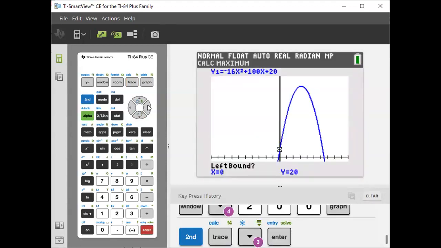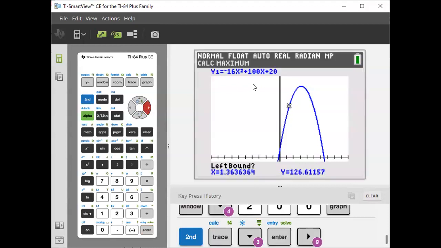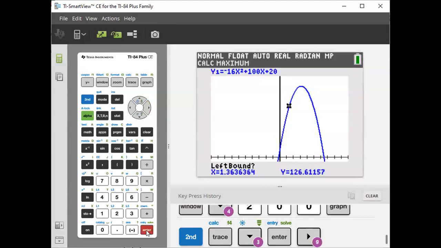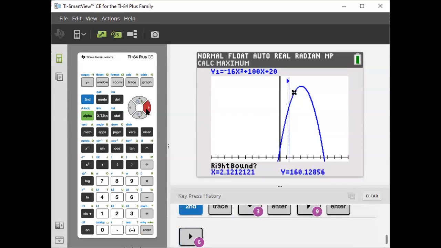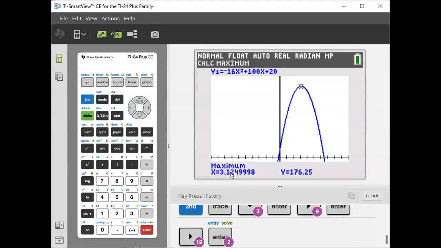I can pick a point on the left of this maximum, hit enter. I can go around, pick a point on the right, hit enter. Yes, I want it to guess. So hit enter and it tells me, it's not perfect, but 3.1249, 176.25. So I got it right.